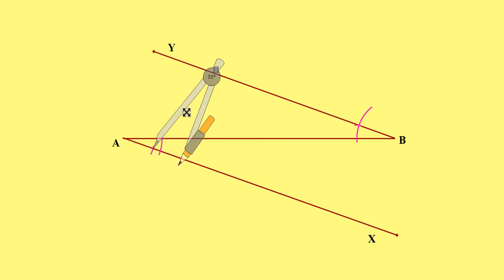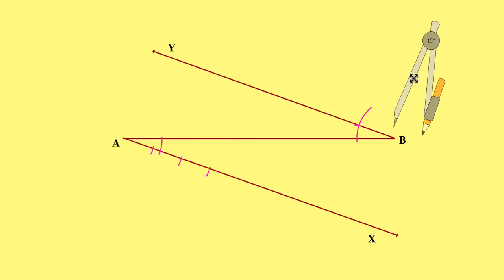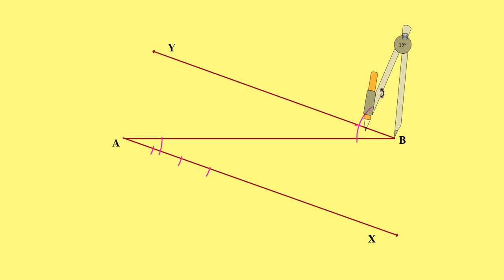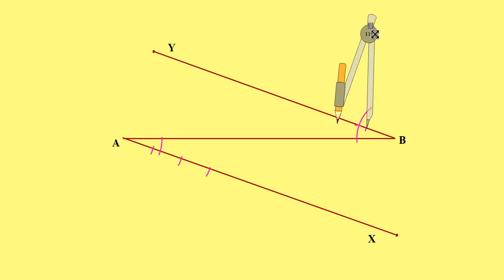Let them be A1, A2 and A3, and the same length on BY also take 2 points as B1 and B2. Here AA1 is equal to A1A2, A2A3, and A3 is equal to BB1 is equal to B1B2.